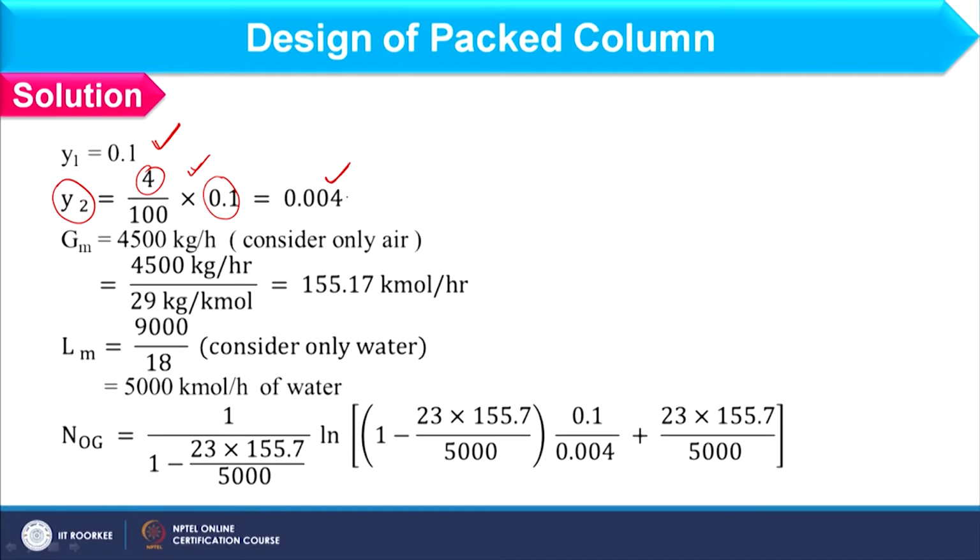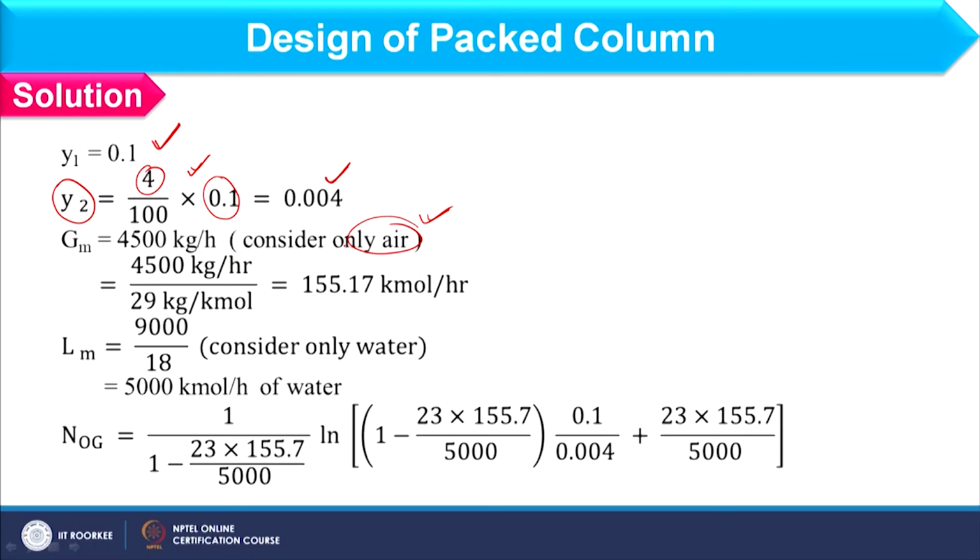In this way you can find Y1 as well as Y2, and next we have to find out Gm and Lm values, and these Gm and Lm are basically molar flow rates, not mass flow rates. In this example we are given the mass flow rate of the gas mixture as well as the liquid stream, that is water. The mass flow rate is given as 4500 kg per hour, and to convert that into molar flow rate, we will consider the molecular weight of air, because it has 10% of SO2, so the molecular weight of air will dominate.